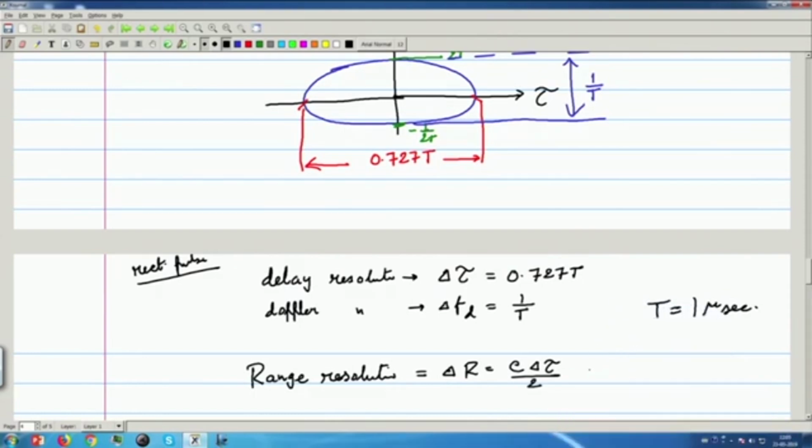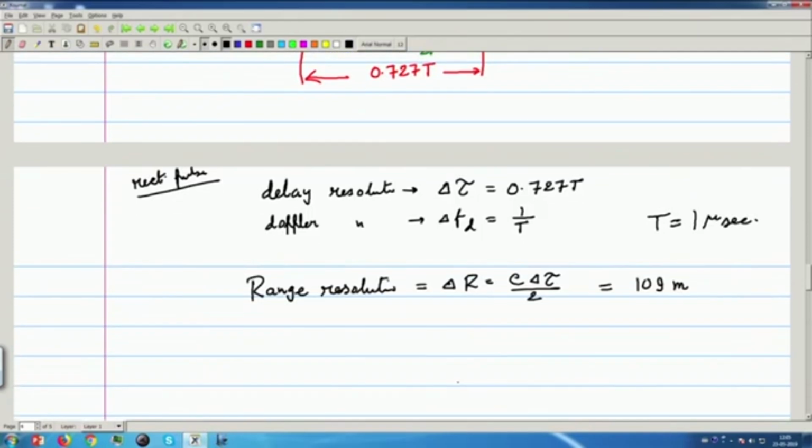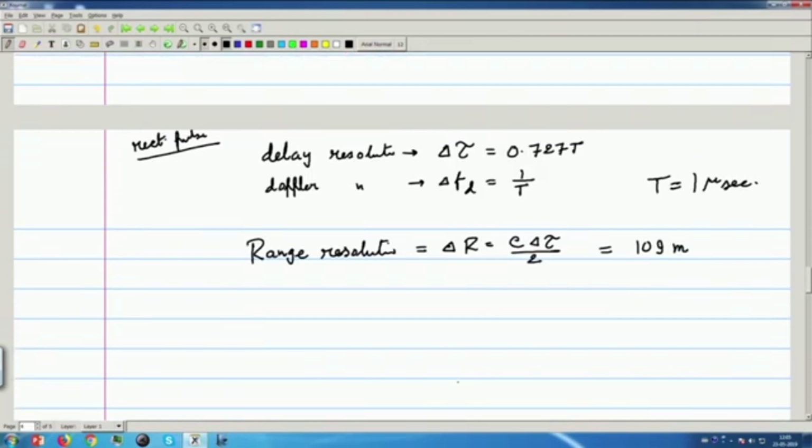If we take that, then delta R, you can easily do it, putting c as 3 into 10 to the power 8 meters per second, you can find that it will come as 109 meters. Whereas, we know the Doppler resolution delta f d.